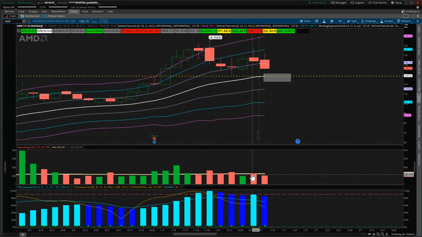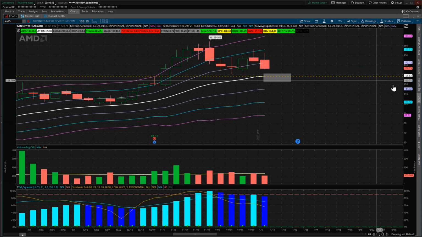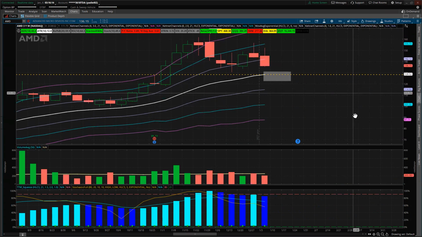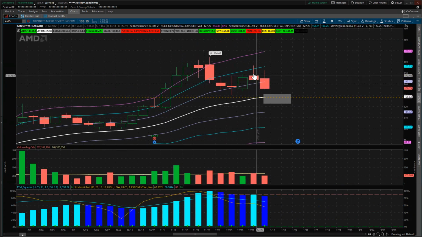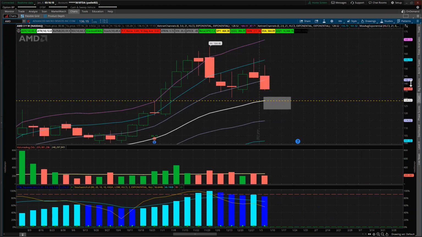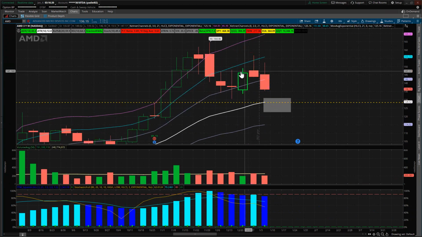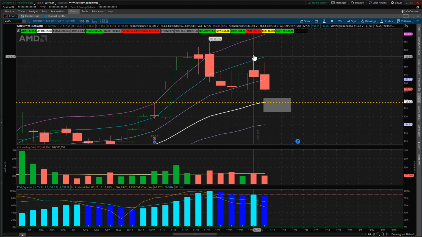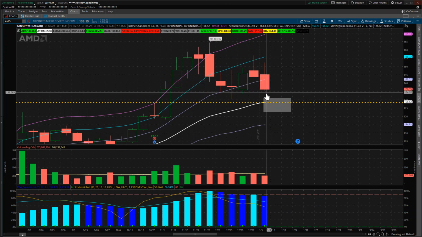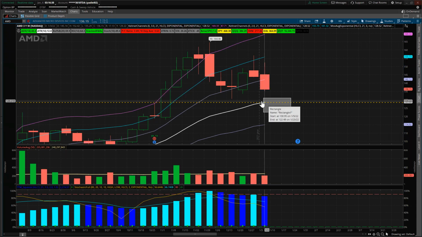So as we look at AMD, again, each one of these candles represents a week. So we saw here a shooting star forming, right? So we had a bullish candle, then we had a shooting star here, and now we have, this is called an evening star, these 3 candles together, right? So we're seeing more bearish, more downtrend for AMD.